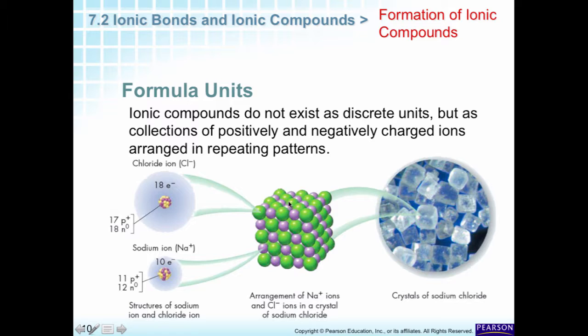Okay? So actually you'll find salt in these nice cubes, but there's lots of sodiums and there's lots of chlorines there. Okay? So it's not like what we saw before, in a molecule where you could have one of each. That's why a formula unit is not this whole thing, but just two of them. So it's the ratio. The ratio in this block is 1 sodium for every chloride.